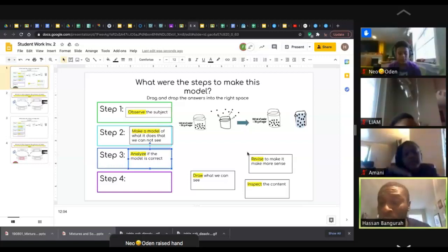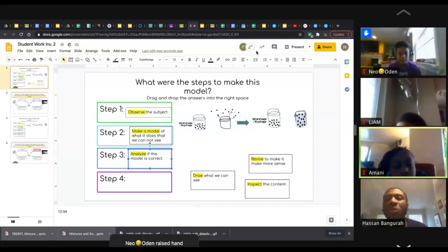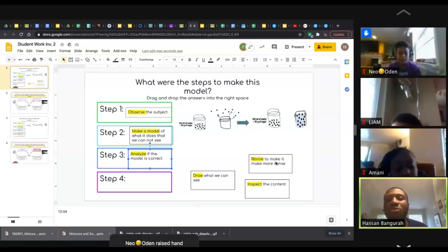Okay. Thank you for letting me know that you don't know. What do you think we should do? Should we just keep the model if it's not correct, or do you think we should change it? You think we should keep it, or you think we should change it? It's not correct. Great. So which one matches that we should change it? Revise, draw, or inspect? Which one matches that we should change it?